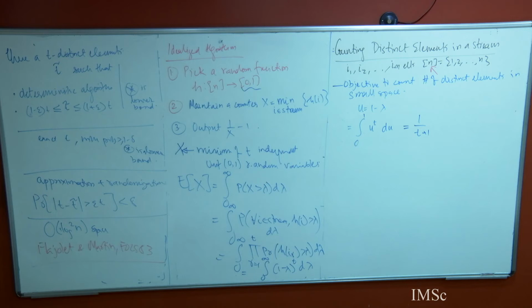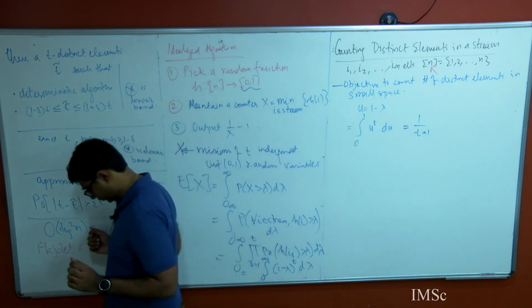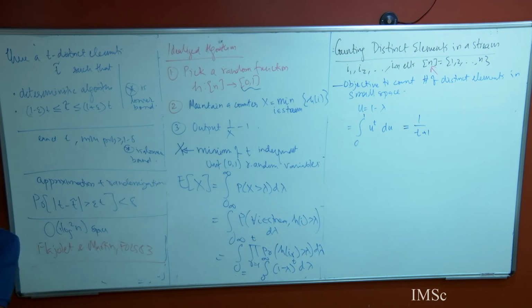Think of this as, suppose I make everything into 1 by n pieces, 1 by n piece each. Now I want to divide this equally into 4 pieces. What will I get?